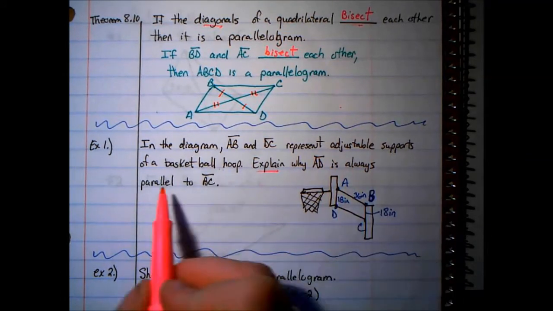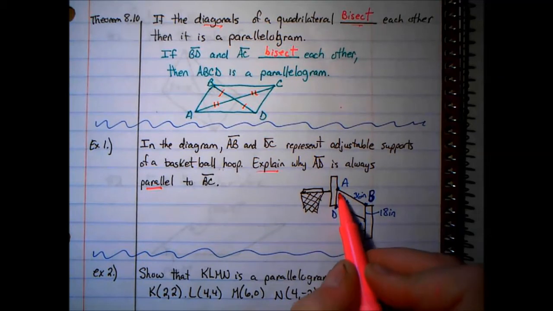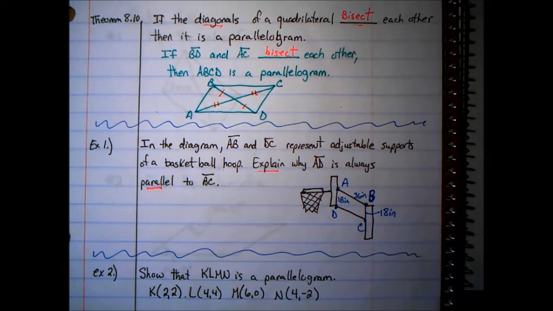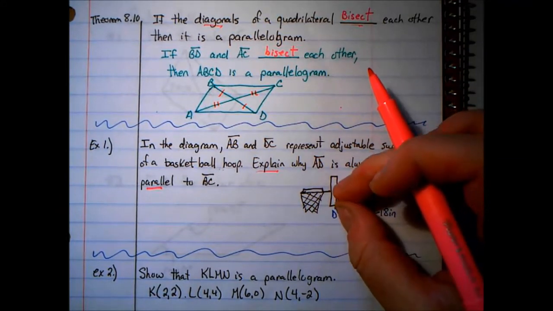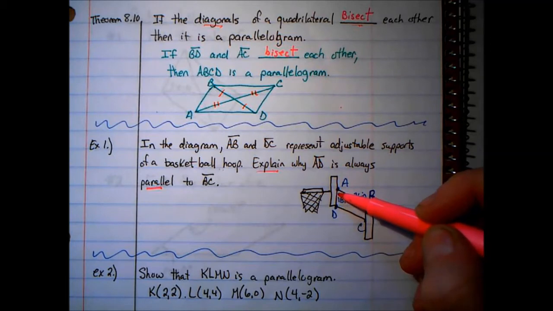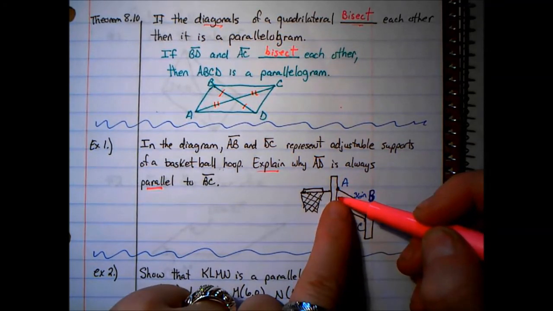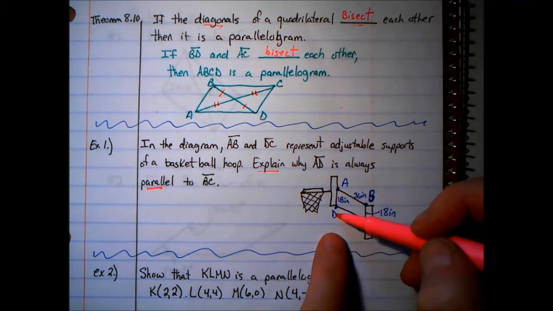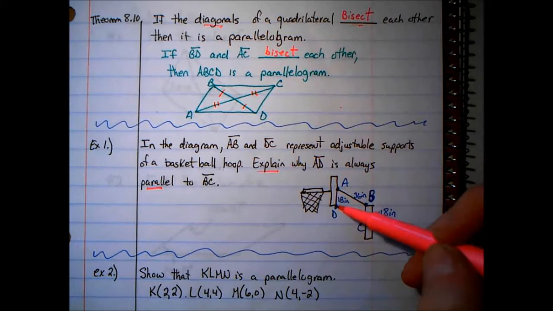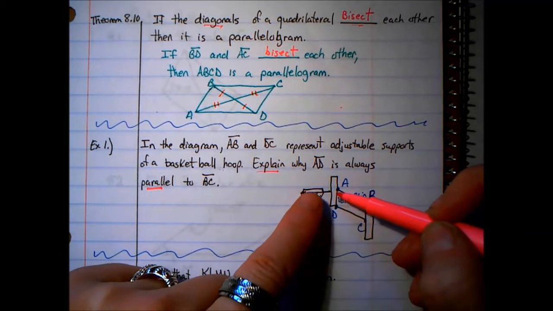And it says, why is it always parallel? Well, if I move this basket down, is AD changing in length? Is BC changing in length? Are these actually shifting on the goal? Is the goal moving by this shape getting closer together, or is the whole thing moving? If you've ever seen a basketball goal, this whole back shifts down or it shifts up.